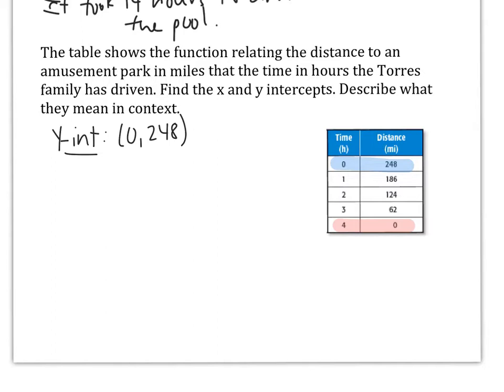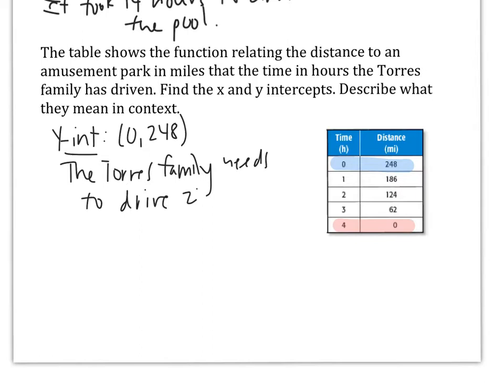If we write this out as a sentence, this means the Torres family needs to drive 248 miles to get to the destination, which would be the amusement park here.